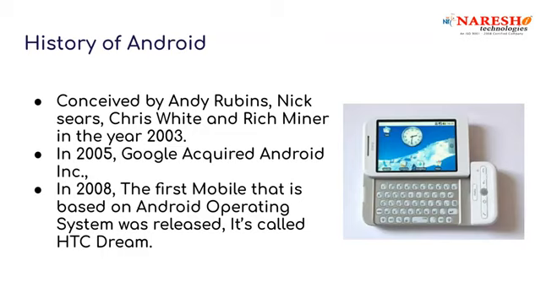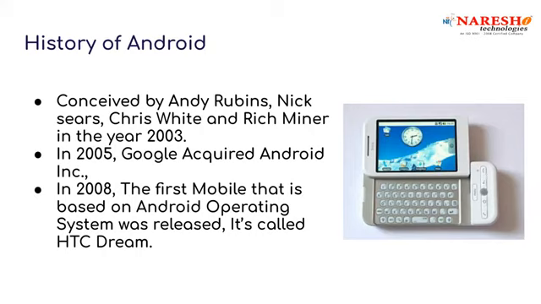These four people were in good positions in mobile service provider or telecom service provider companies. What they thought was they could start a company by the name Android Inc. and develop an operating system for digital cameras. They did not target mobile phones. They wanted to do it for digital cameras.